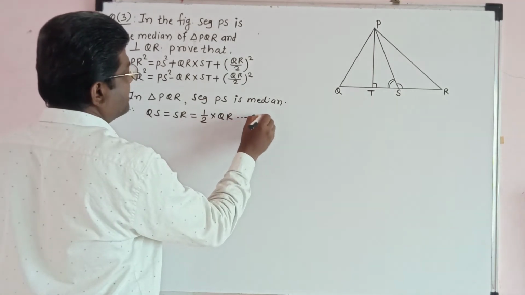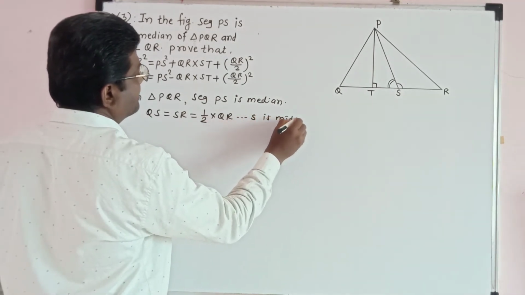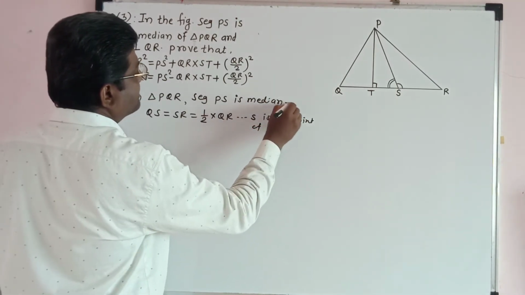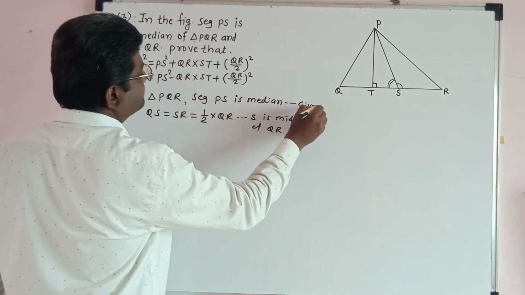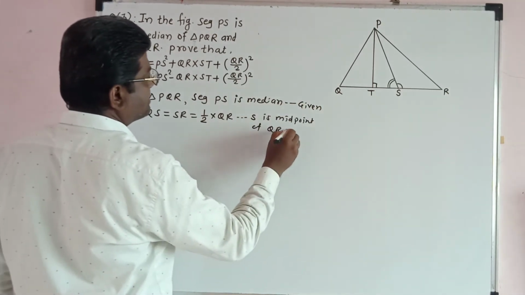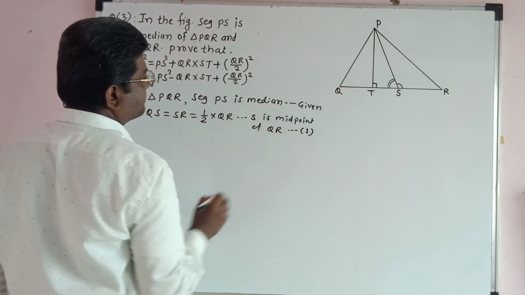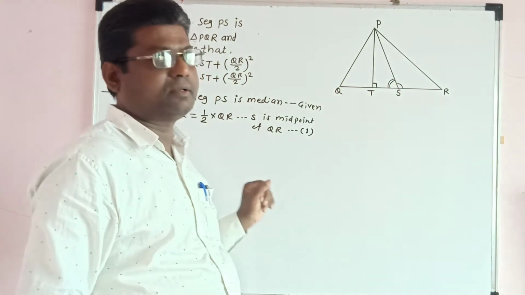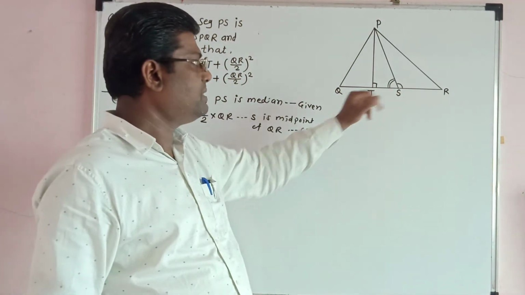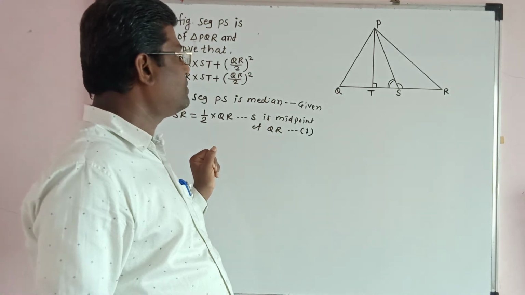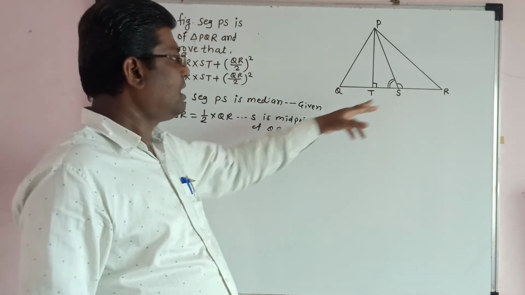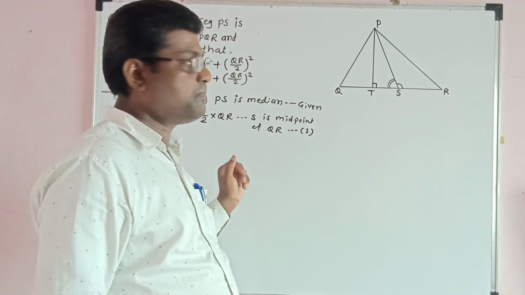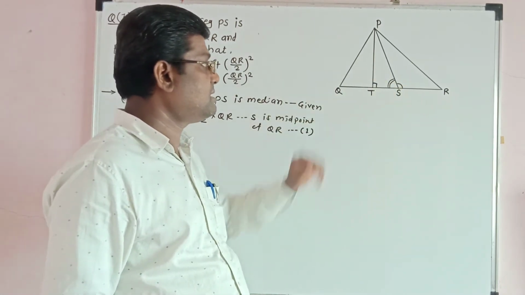Reason is S is midpoint of QR and this is given. This is equation number 1. Now consider triangle PSR. In this triangle, angle PSR is obtuse angle and we can apply the application of Pythagoras theorem for this triangle.